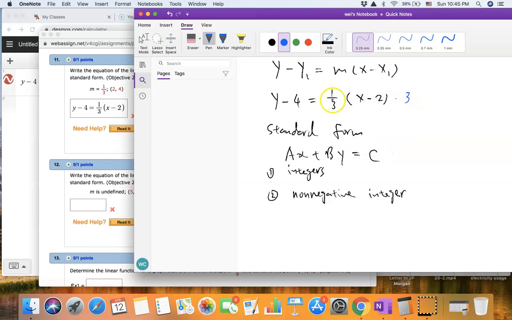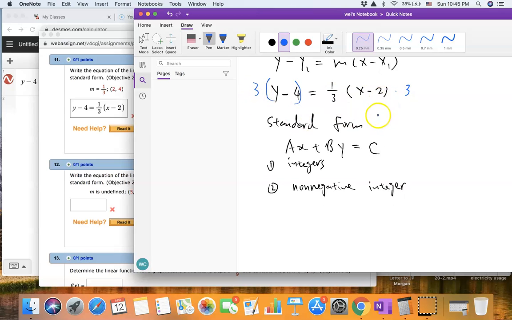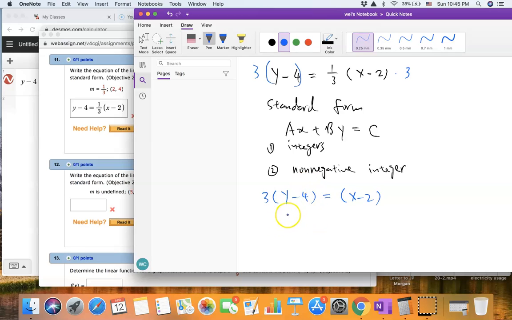So we multiply by 3 on both sides first. I get 3 times (y minus 4) equals 1/3 times 3, so that's 1 times (x minus 2). Then I distribute 3 into y minus 4.